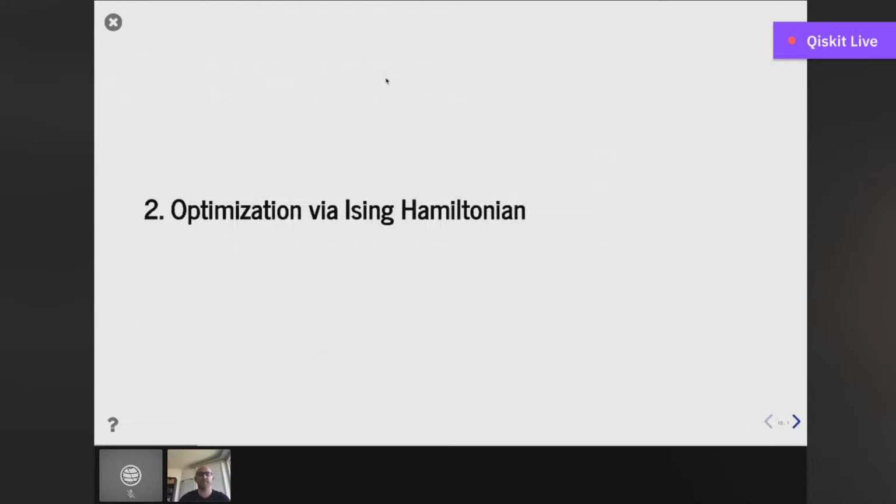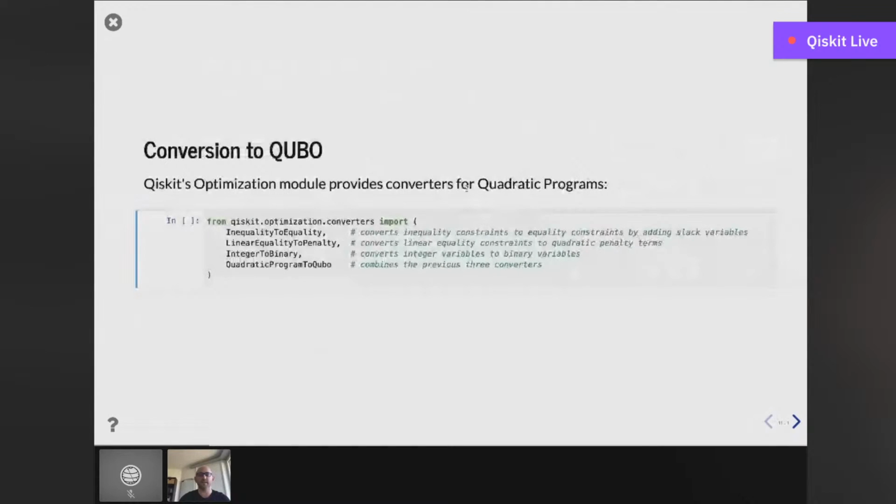Now let's see how we can solve this problem using the Ising Hamiltonian formalism. For that, this is working for QUBOs. And Qiskit provides some converters from a quadratic program of a certain format to QUBOs. Because remember, we had a constraint, and the U in QUBO stands for unconstrained. Qiskit provides this set of converters. The first one is an inequality to equality constraint converter. This takes an inequality constraint and adds slack variables to cast it into an equality constraint.